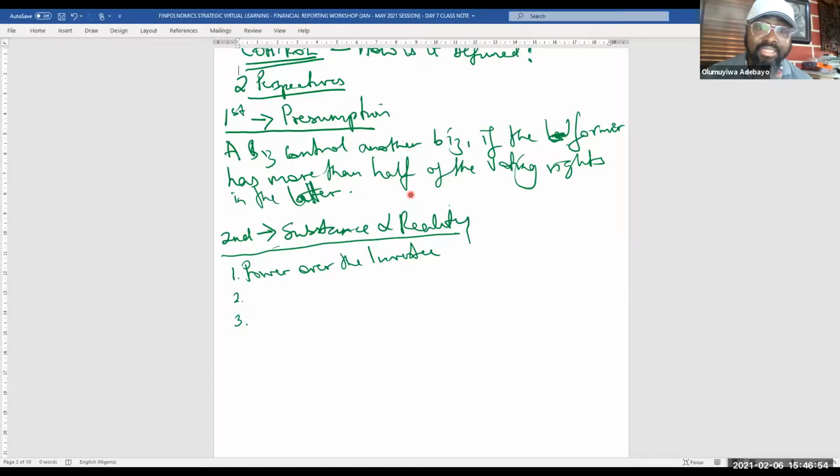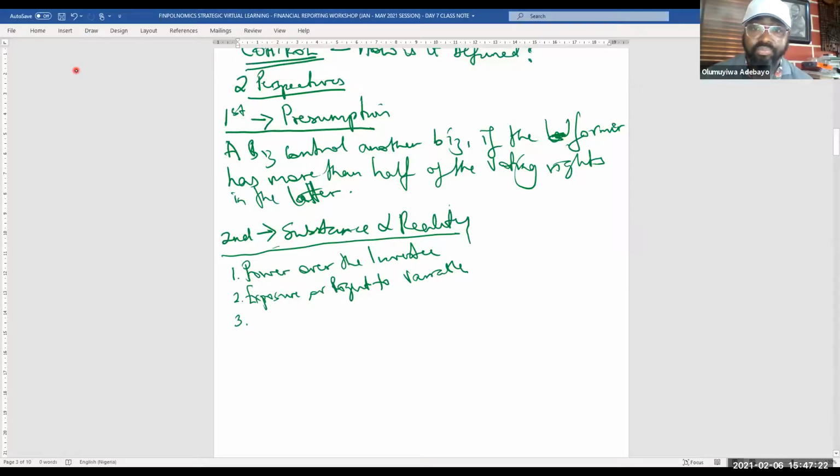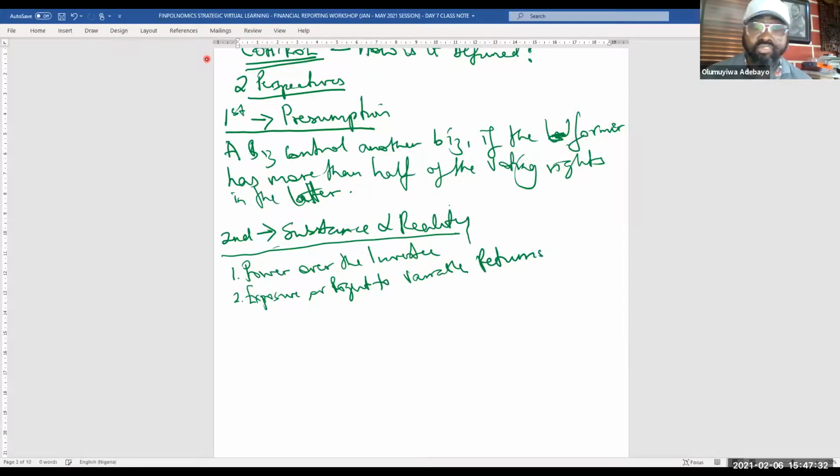Two is that the investor, by way of such acquisition, has exposure or right to variable returns from its involvement with the investee.